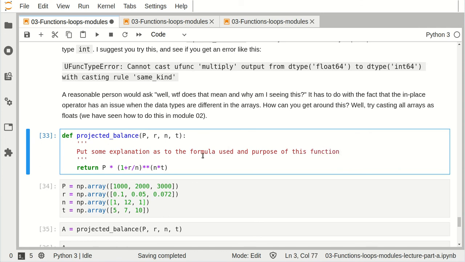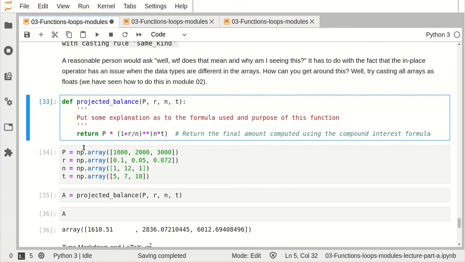And you could say kind of like what the inputs are, what they mean, and what the outputs are. Something useful. You should definitely do that, and have some code comments like: return the final amount computed using the compound interest formula. That's a useful comment, something like that. You should have something like that there.